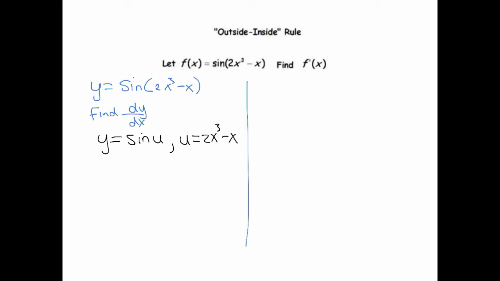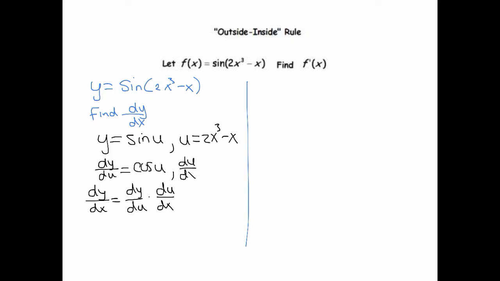And according to the chain rule, I know that dy dx is equal to dy du times du dx. And I just need to find those derivatives. So dy du, the derivative of sine is just cosine, and du dx is just 6x squared minus 1.